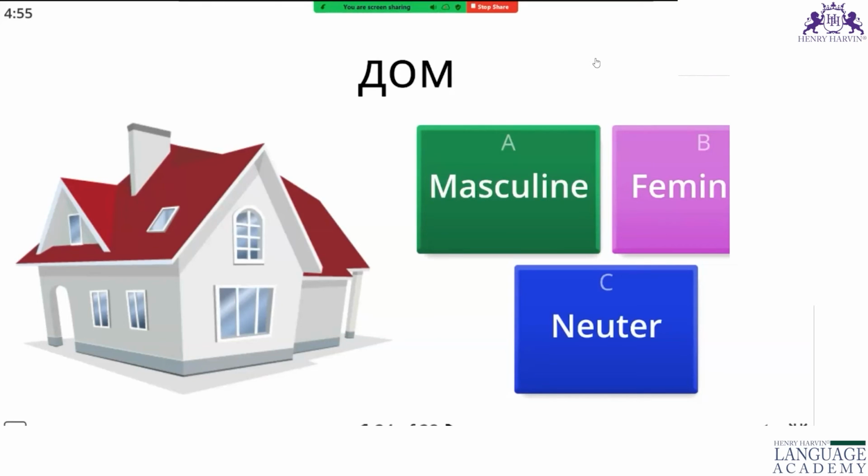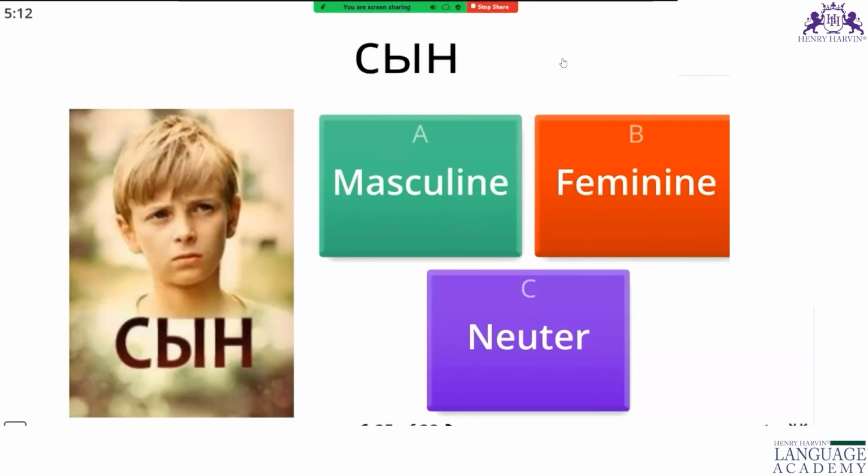If you look at the dictionary, the majority of words are masculine. Then there will be feminine and only some neuter. Dom. Dom is masculine. Bilet, masculine. Same.